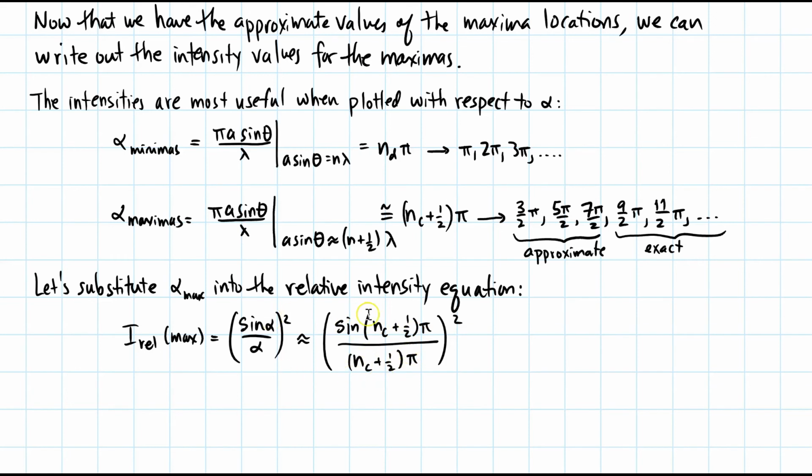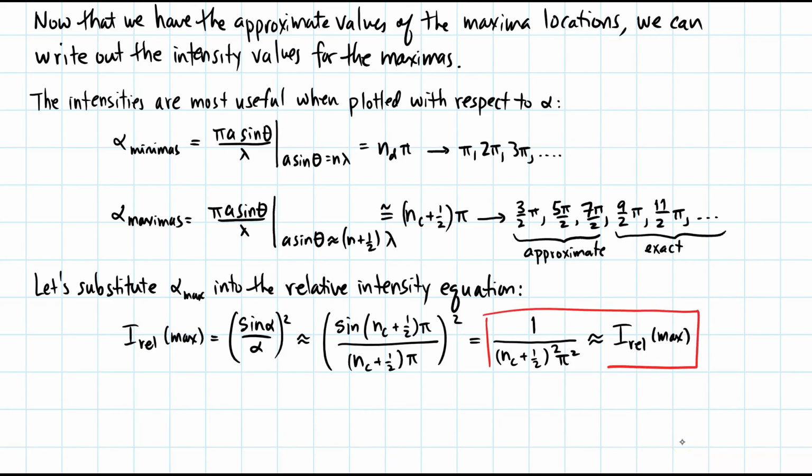But note, this approximate value has everything in multiples of pi halves, which means then this will always be 1. I can simplify this relationship. So the numerator is 1, and then I still have the same denominator. That is approximately the relative intensity for maximas.